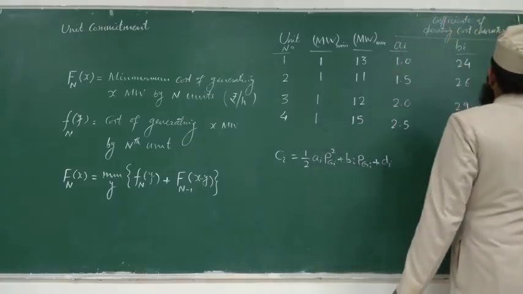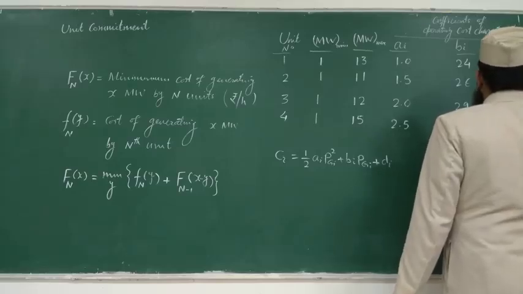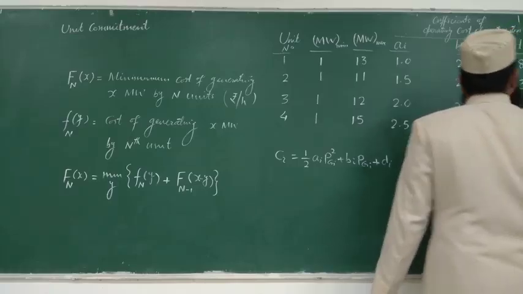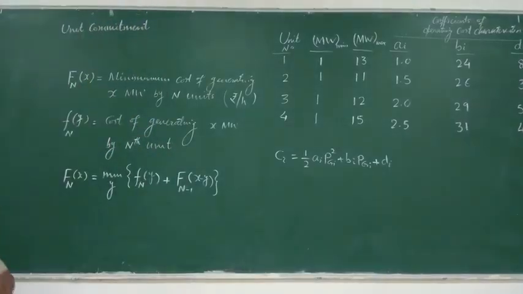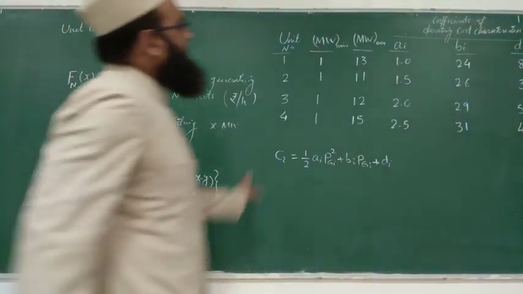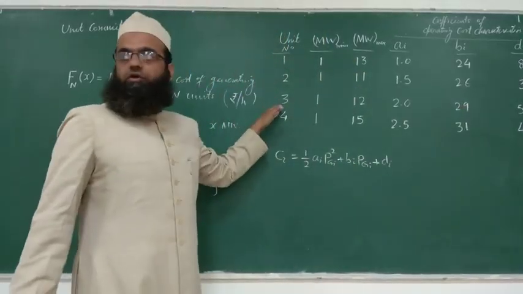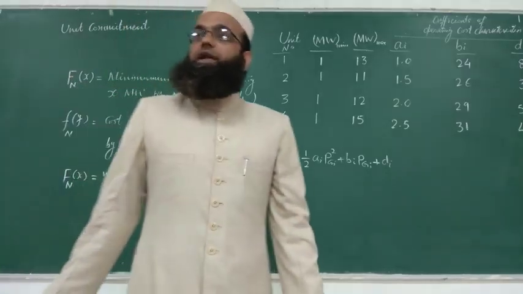And let us assume these values, okay, 8, let us assume 3, 5, 4, any random values. So for these given values of parameters and corresponding limits of the 4 units, we are going to prepare a unit commitment table for a particular demand.